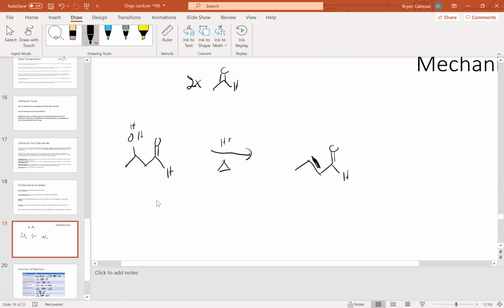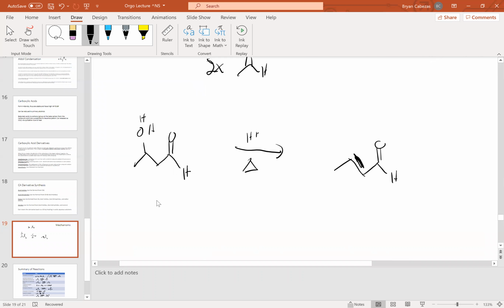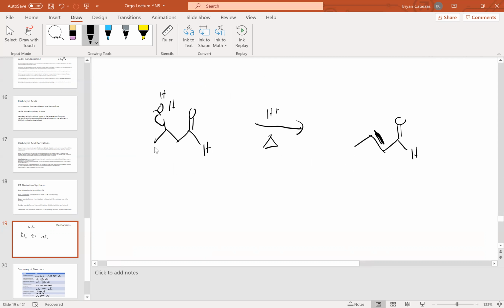All right, so basically what we have here is this group here is going to be bouncing off, right? It's going to remove itself, and what we're going to have as a result is a positive charge, and we're going to have a carbonyl like such.